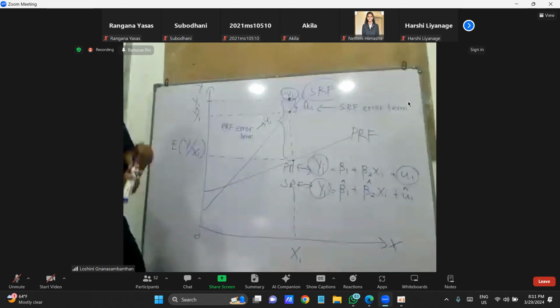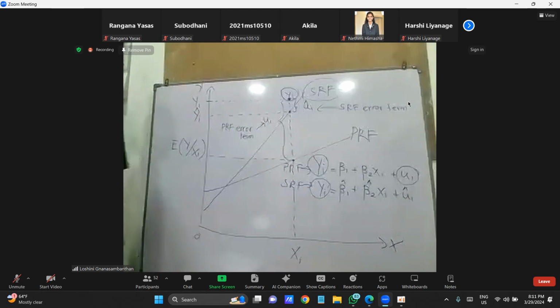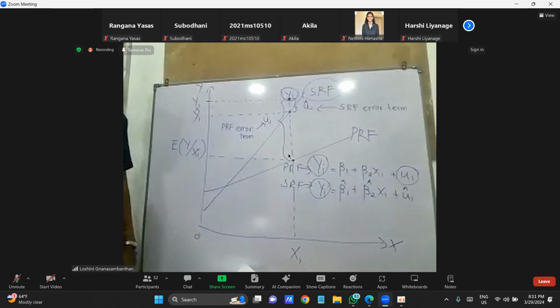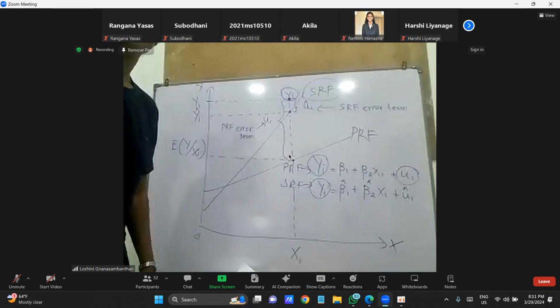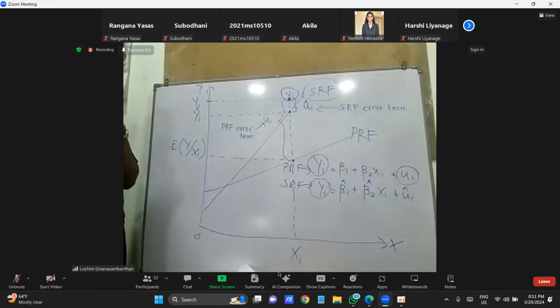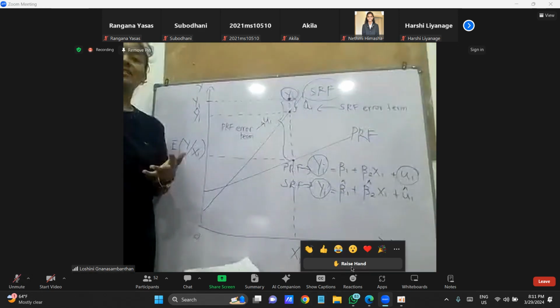I think you can understand that this whole graph is explaining this. I think sir explained this through the slide, but let's explain it again. So guys, can you all understand? Maybe a thumbs up as a reaction.